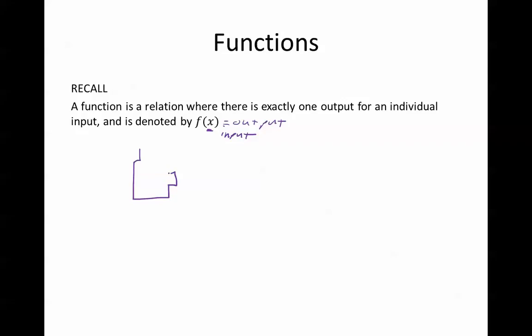If you recall, we had this little picture of a function machine that basically says when I put my input in, I get my output out. That's what a function does. When I put a single input in, I get a single output out. So that's what a function is.